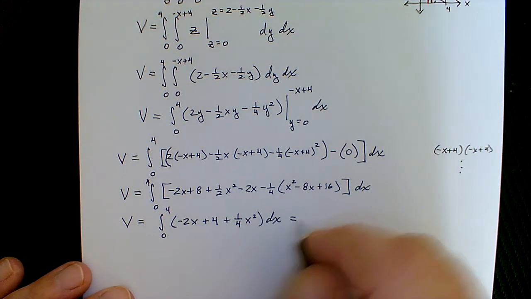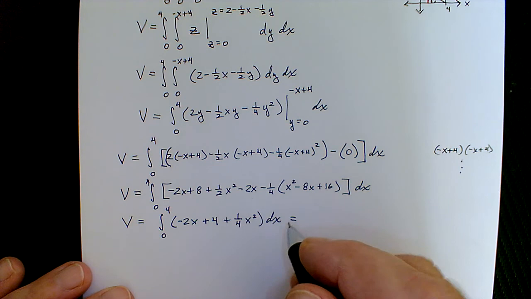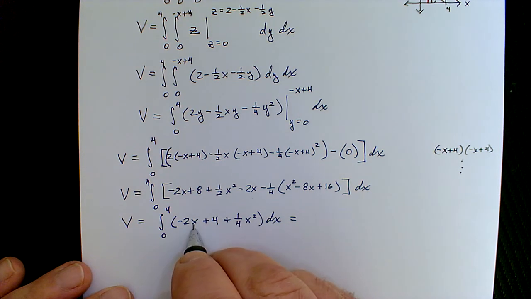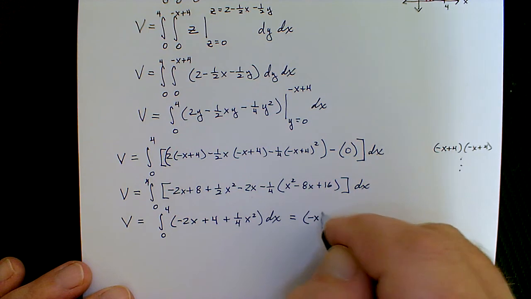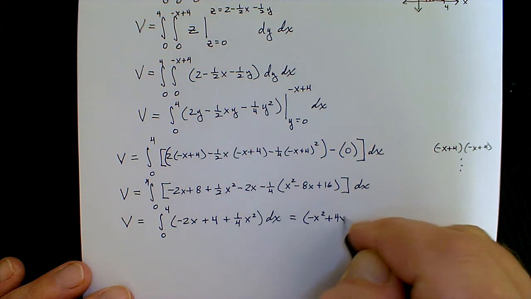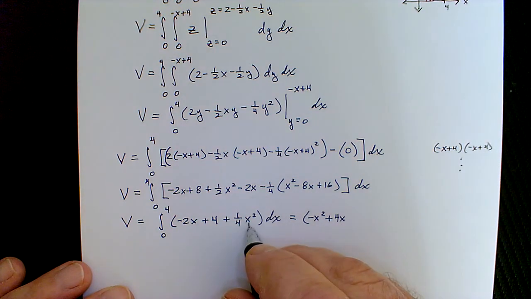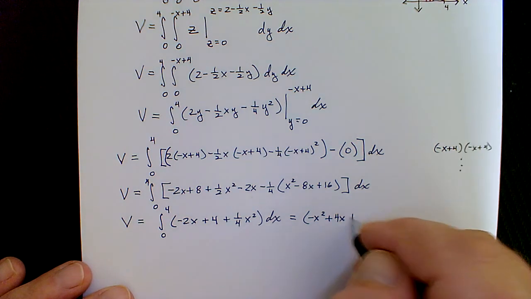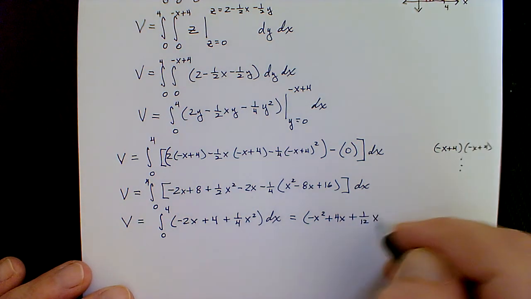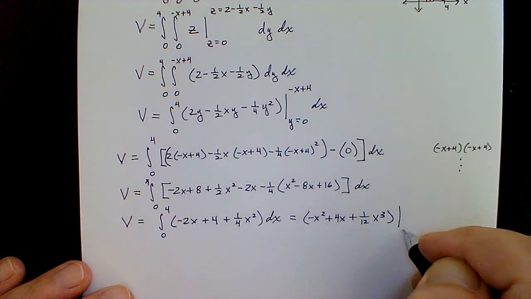We get minus 2x squared over 2, so just minus x squared, plus 4 integrates to be 4x. This is going to give us 1/4 x cubed over 3, so plus 1/12 x cubed, and then that's going to be evaluated as x goes from 0 to 4, and no need to write it.